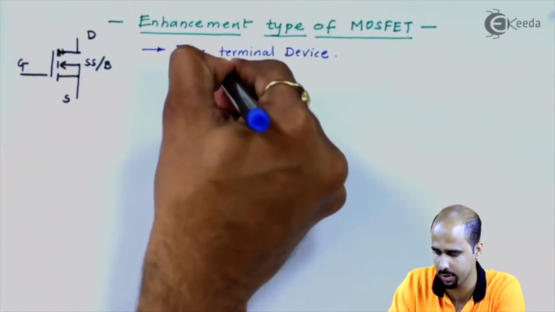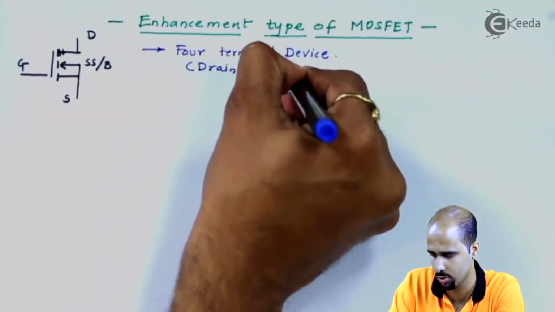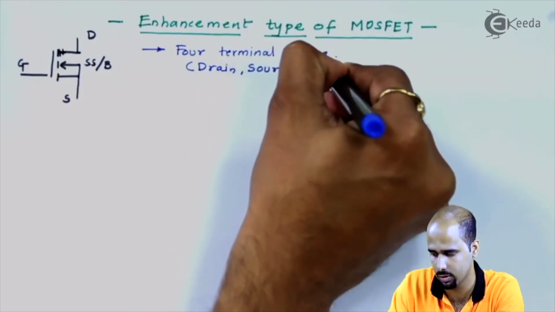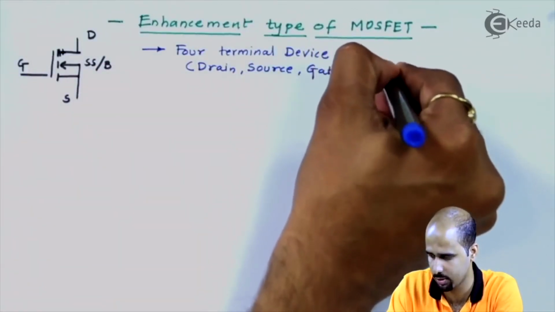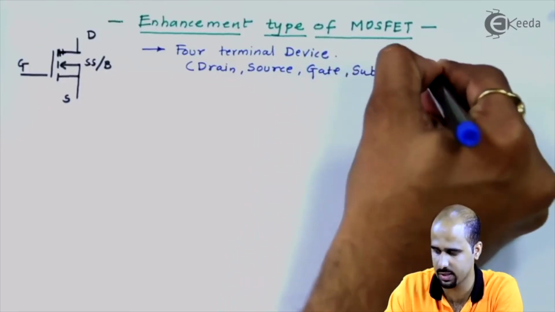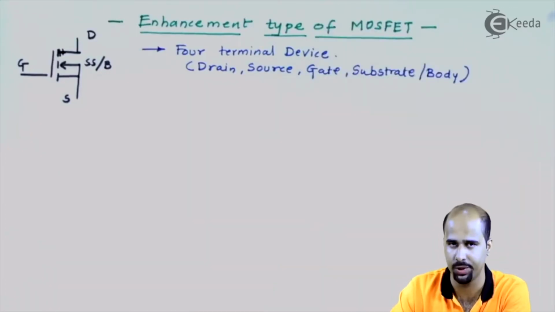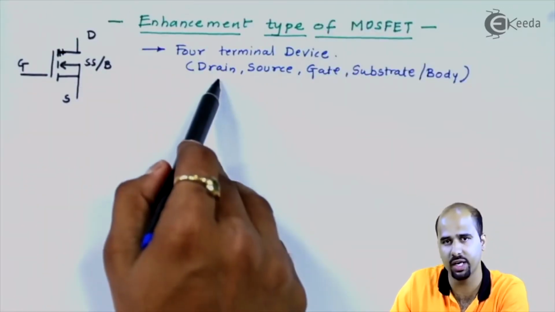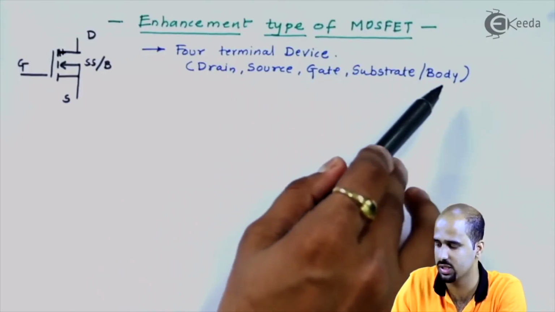One is drain, then source, then gate, and the fourth one is the substrate, or body.